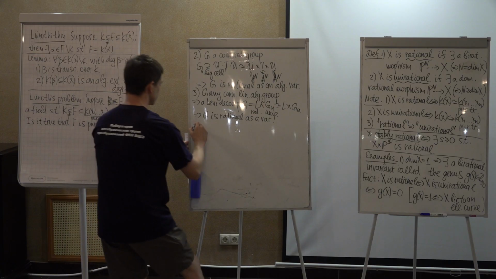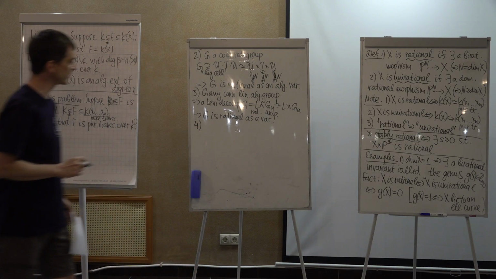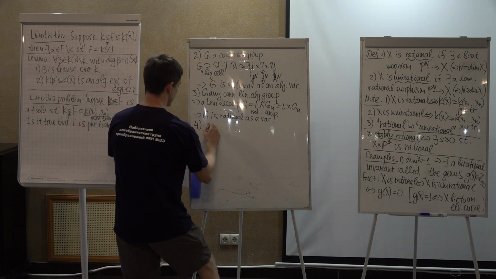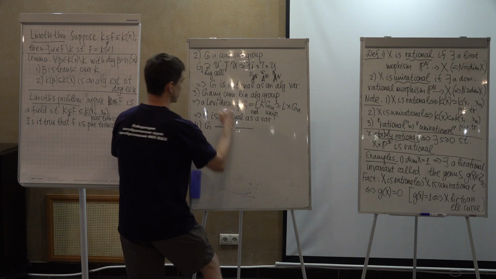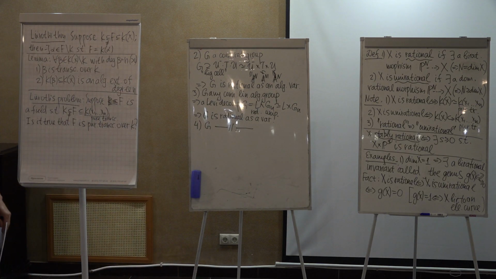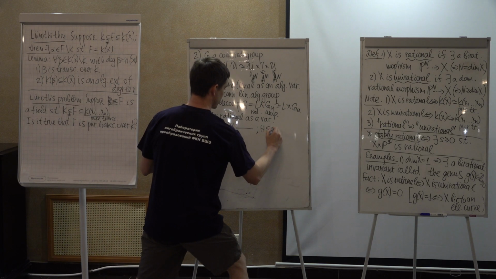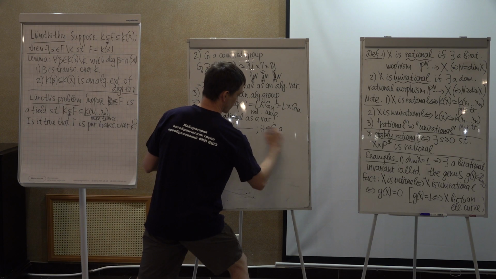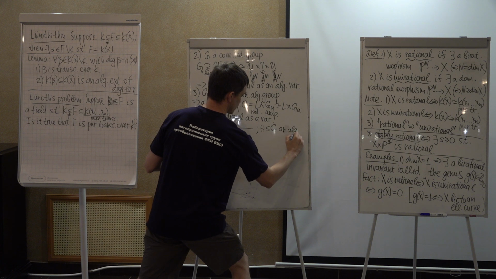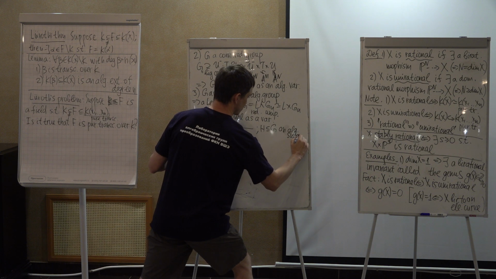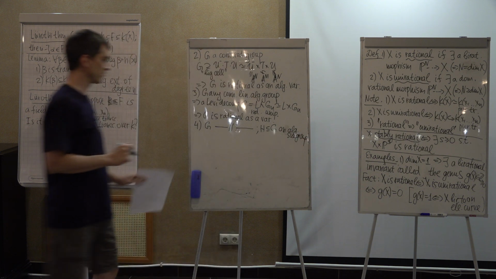One more example. So let's take again G, any connected linear algebraic group, and let's consider a homogeneous space of it. Let H be an algebraic subgroup. Right?